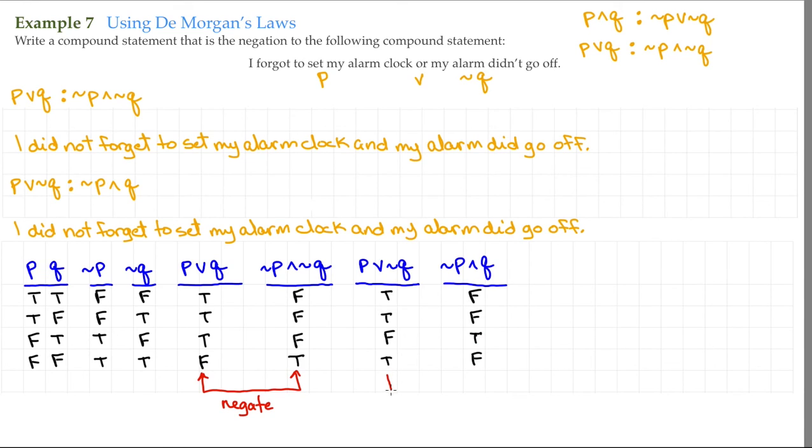So they negate each other again. So whether you interpret this as P or Q, or if you interpret it as P or not Q, if you make the adjustment in the negation, everything is still going to work out. And there you go.